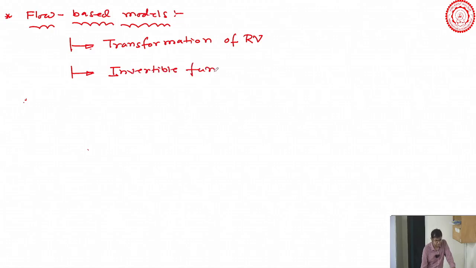There is also a third one. What is the third one? Computationally tractable, which means obviously computationally tractable.